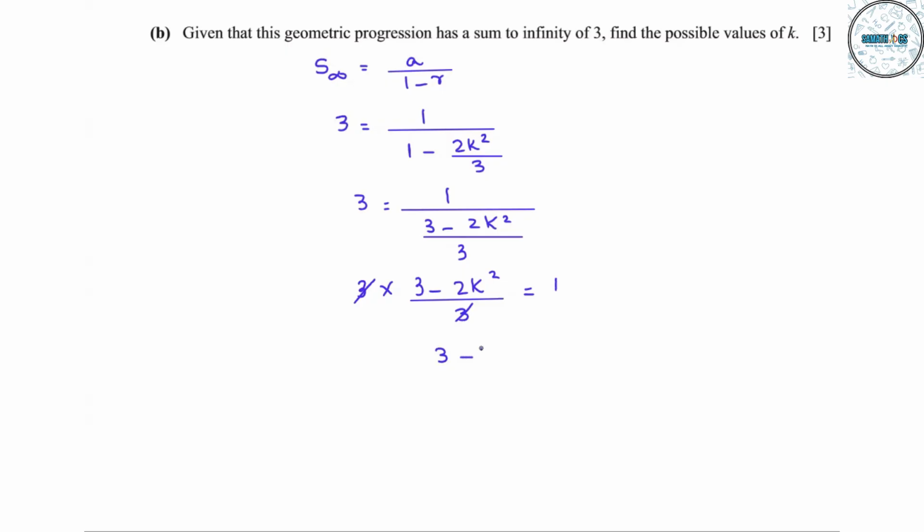So it will be 3 minus 1 is equal to 2k squared. So 2 divided by 2 is equal to k squared. And k is equal to plus minus 1, because k squared is equal to 1, and then we will take square root on both sides, then k is equal to plus minus 1.